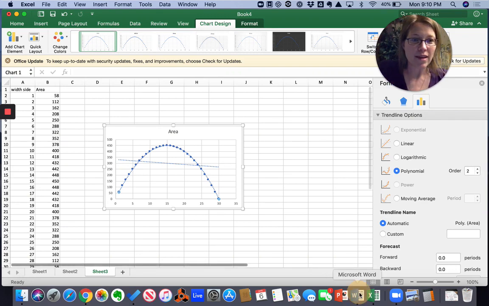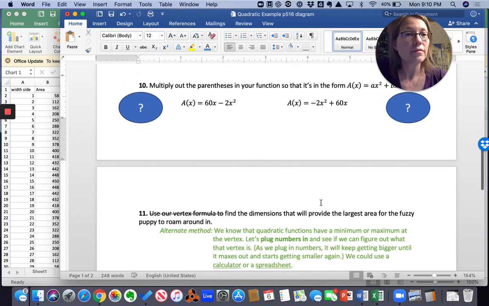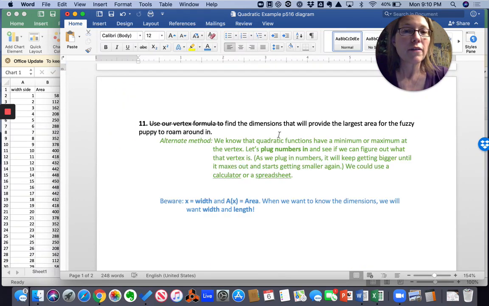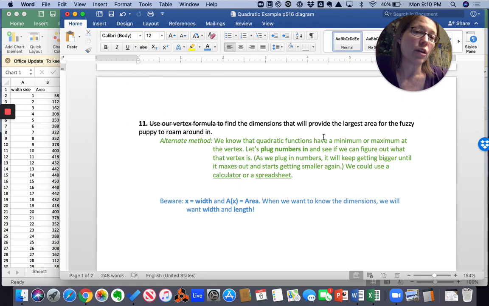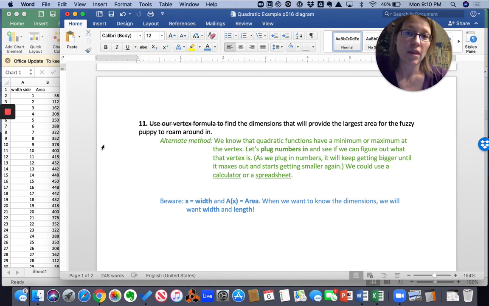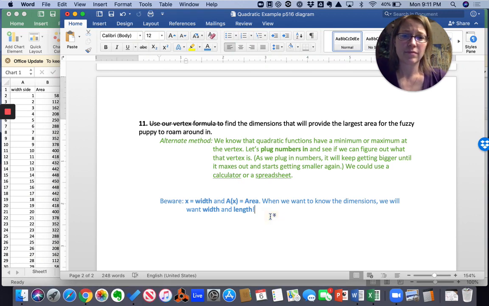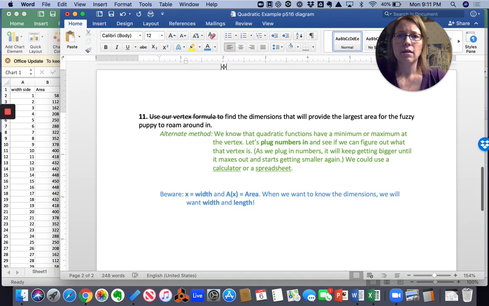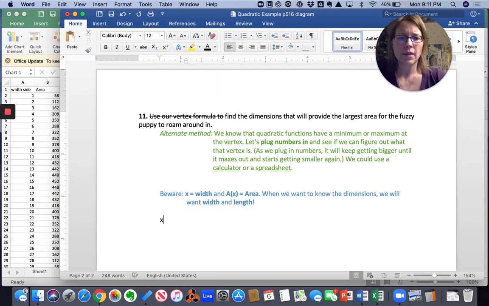Now, one more thing I'd like to caution you about. We're trying to find the dimensions that will provide the largest area for this puppy. So we came up with this number 15. x equals 15 was where the vertex was. And remember, x was the width.